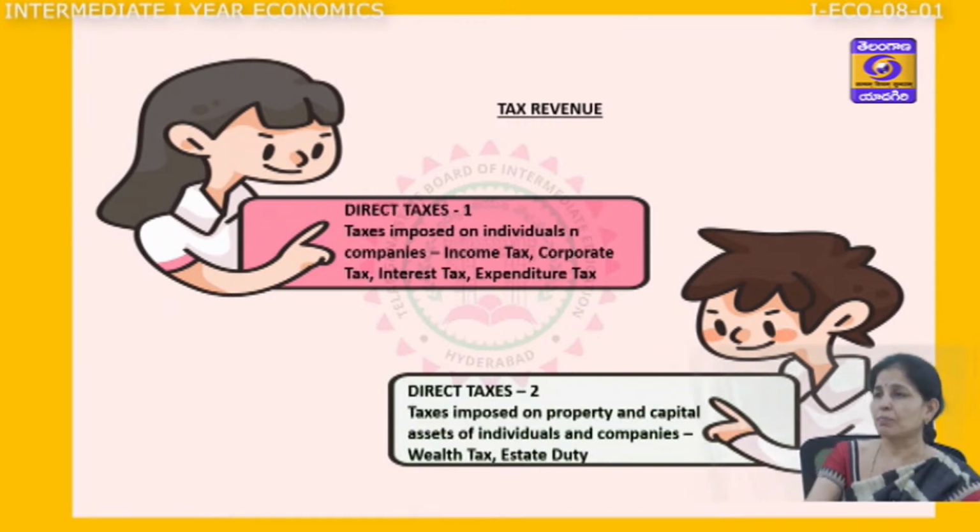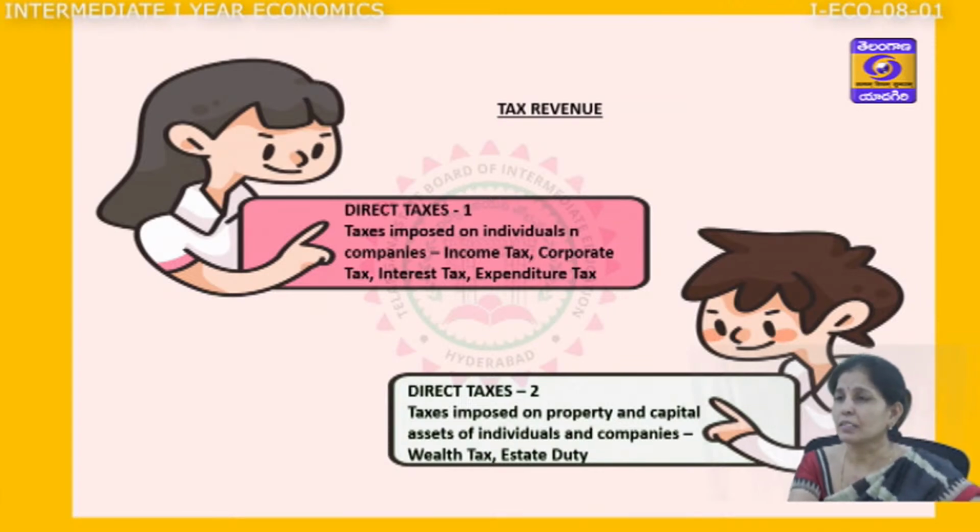Let us see what comes under tax revenue. There are direct taxes and indirect taxes. First, let us talk about direct taxes. Under direct taxes, there are taxes imposed on individuals and companies. What are those taxes?